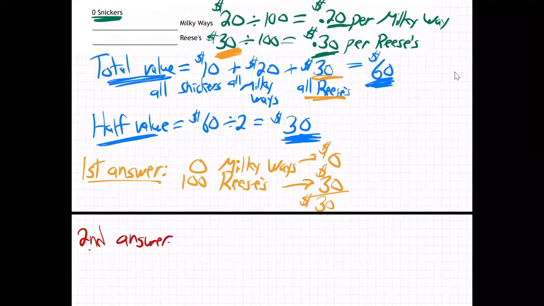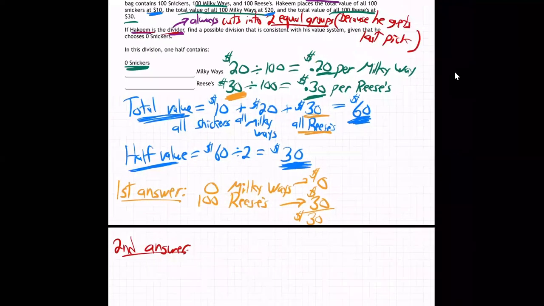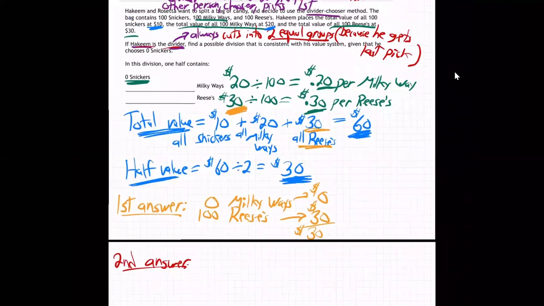Another way you could, if you didn't notice that, you could just say, look, take all the Reese's, 100 Reese's, that's $30. That's half the value, done. Okay, let's suppose we didn't notice that, or on your problem, maybe your numbers don't work out so nicely. So let's find another way to total $30, right?